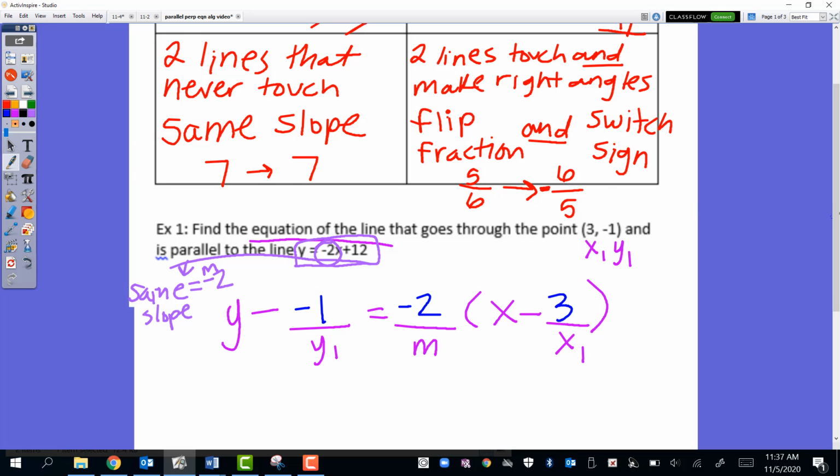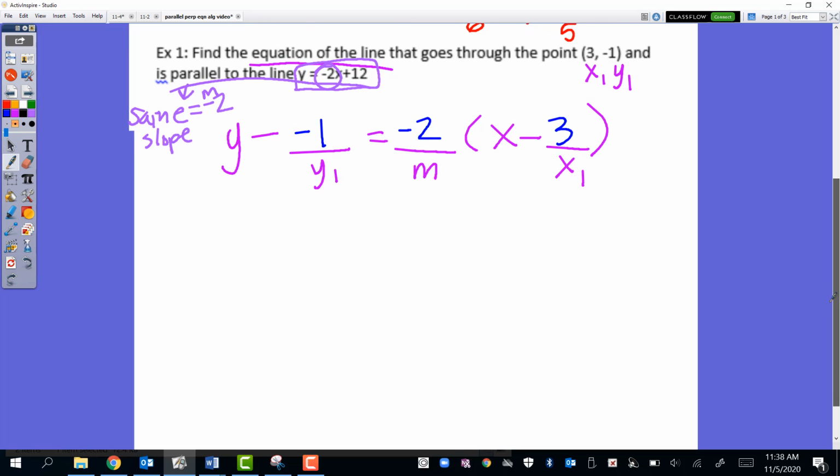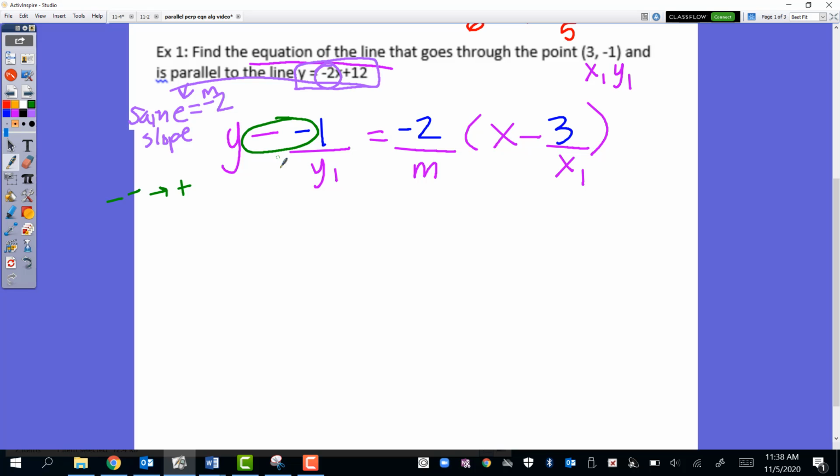So the first thing I'm doing, I'm checking, do I need to change any double negatives? Negative, negative. Do I need to change that to a plus? Well, let's look at our signs. We got a negative negative right there, so I better change that to a plus. And I look over here, are there double negatives over there? No, so I don't have to change those. So this changes to y plus 1, and this stays negative 2 parentheses x minus 3.